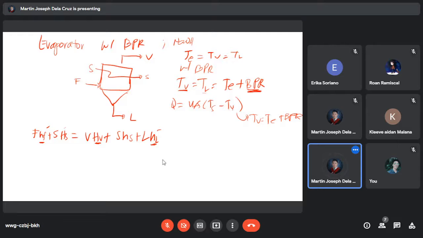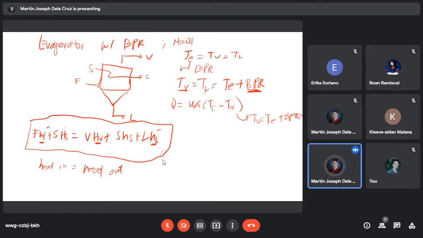Okay? So, yun lang class. So, 'di ba? It's very easy kapag alam mo tong formula na to. So, very easy. You can get the values ng steam na hanapin later using this heat balance. So, always heat in is equal to your heat out.